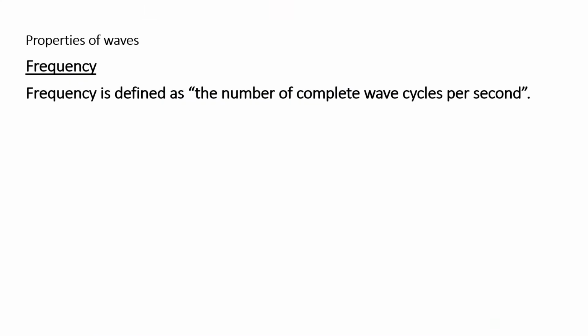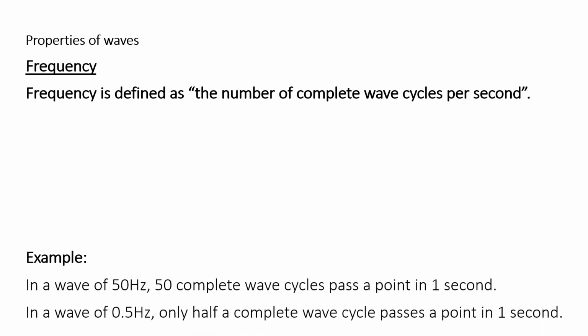Again, this is the information in your booklet. Frequency is defined as the number of complete wave cycles per second. Don't confuse the word cycle with anything else. Cycle means how many complete waves. So don't get confused, it's the same thing. For example, a wave of 50 hertz means 50 complete waves passing through 1 point in 1 second.